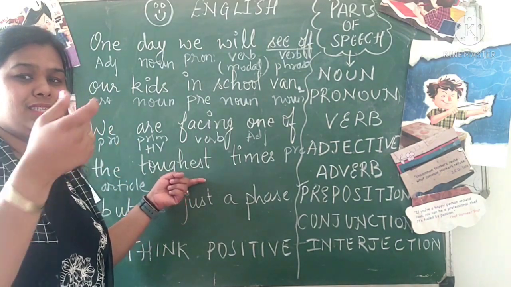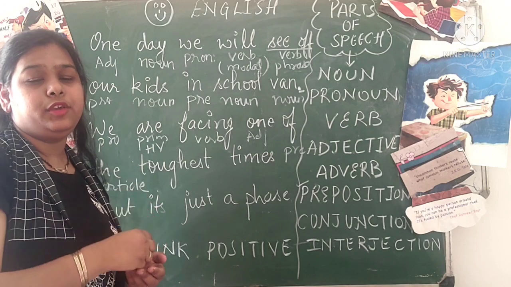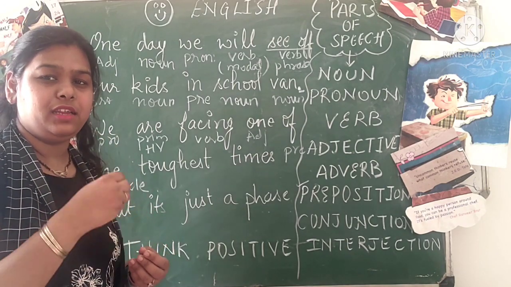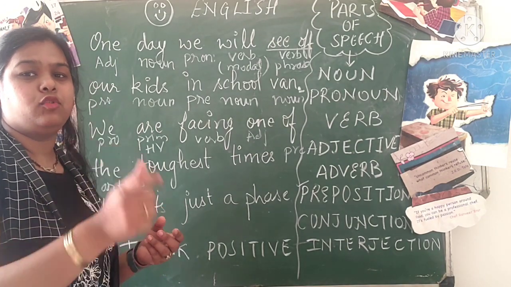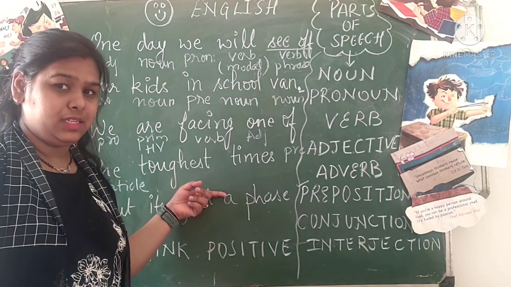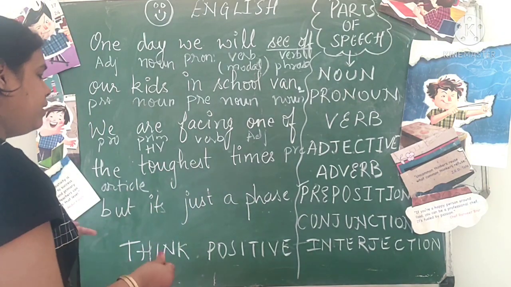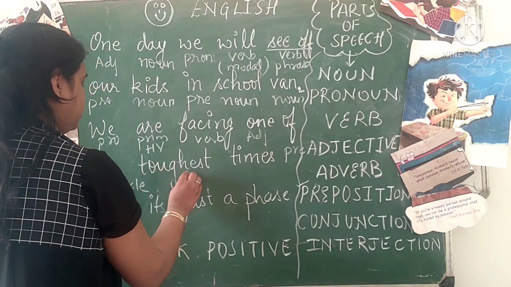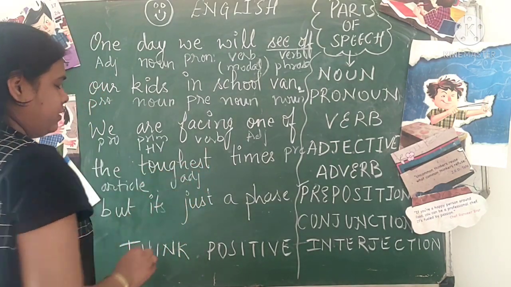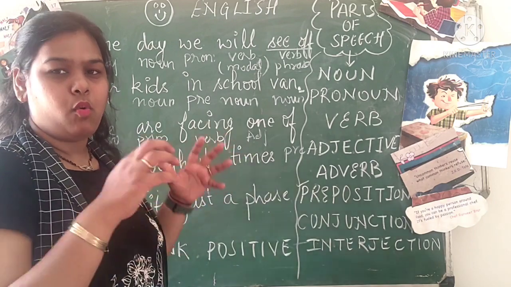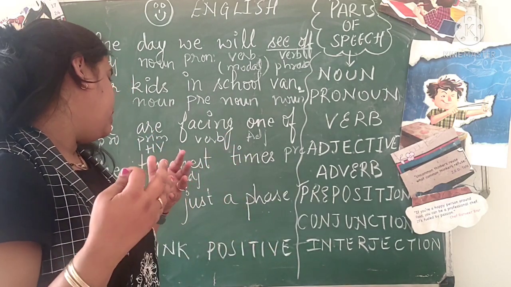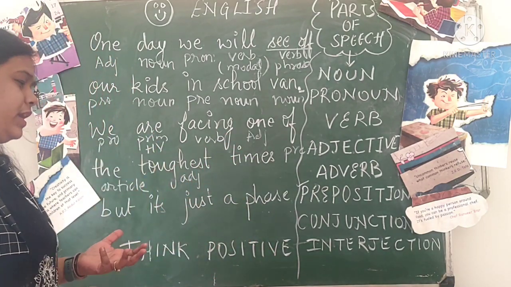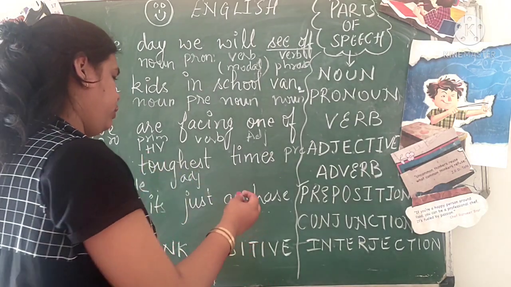We can use this only with degrees of adjective. With adjectives only we can change the degrees. So this is my adjective and this is the superlative degree. Then we have times. Now what is times? It's the toughest times, so it's a noun.